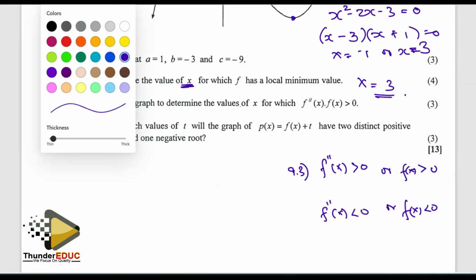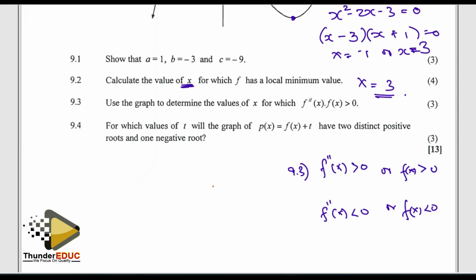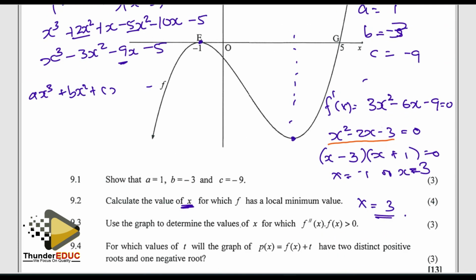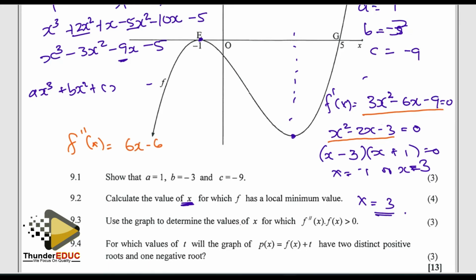Now where do we find those scenarios? We already have the first derivative to be 3x squared minus 6x minus 9, and then our second derivative is going to be 6x minus 6.